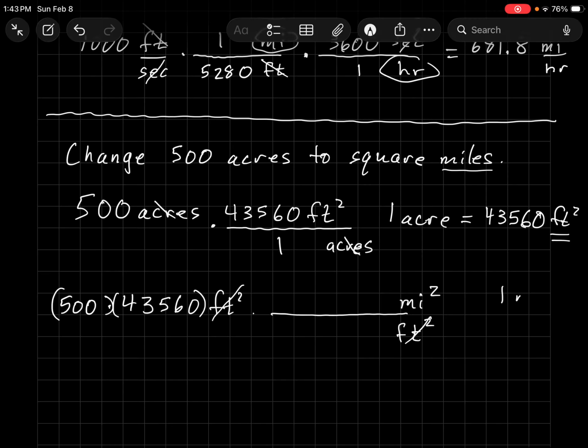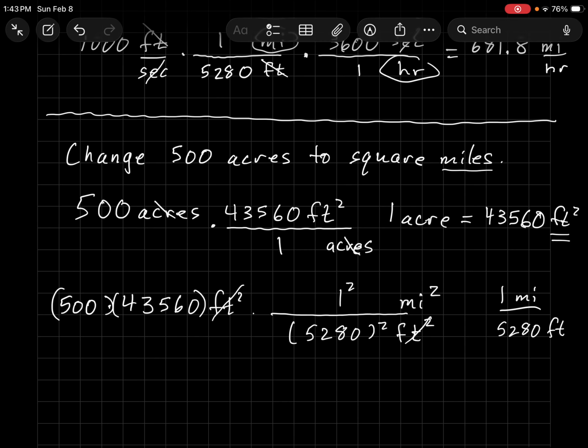Well, if 1 mile is 5,280 feet, then 1 mile squared is 5,280 squared feet squared. If you need to pause the video to think about that, you might want to do that. Or I can give an idea down here: if I rewrote it like this instead, if I had 1 mile quantity squared, like if I split these things up, then I could have 5,280 feet squared.